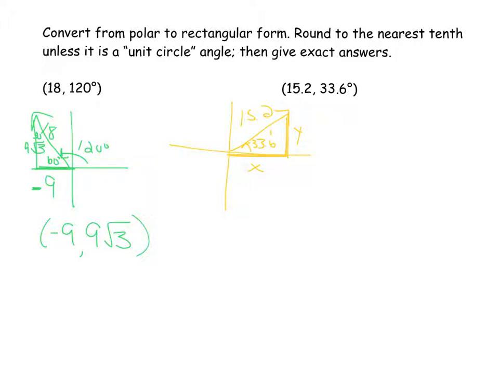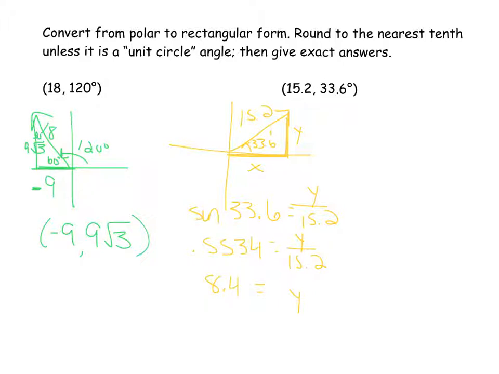So I'm going to say that the sine of 33.6 is opposite over hypotenuse. I'm going to plug that into the calculator. I'm going to multiply, and I get y is about 8.4. Okay, check my calculations there, make sure I did it correctly.